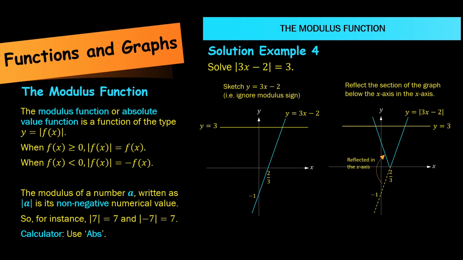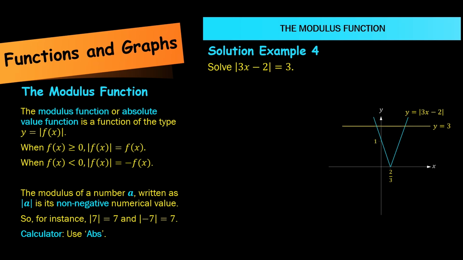As you can see, there are two intersection points. We're going to label them A and B and solve.